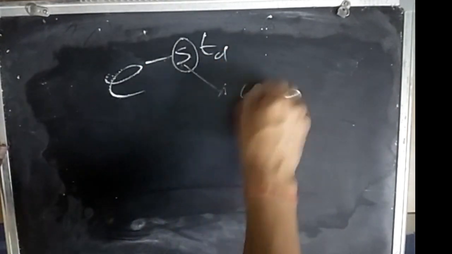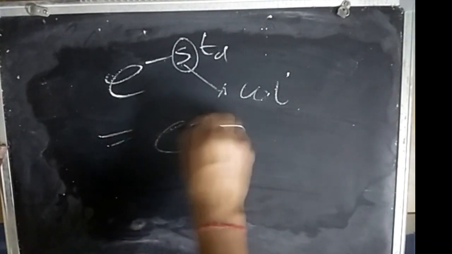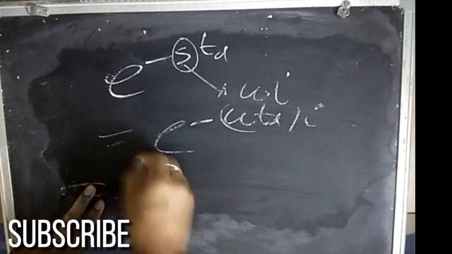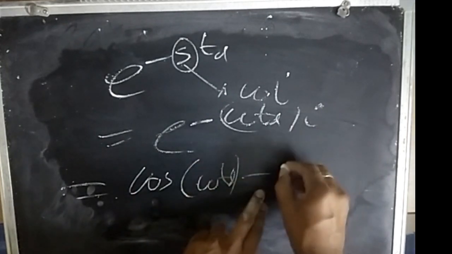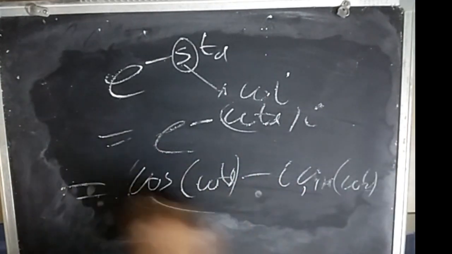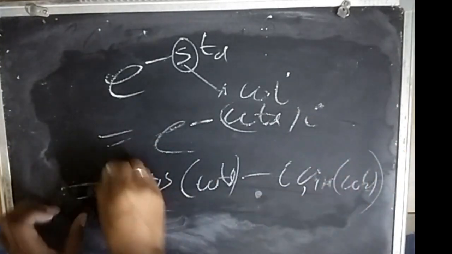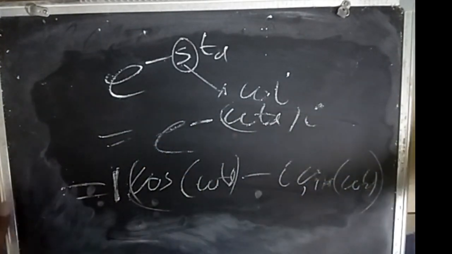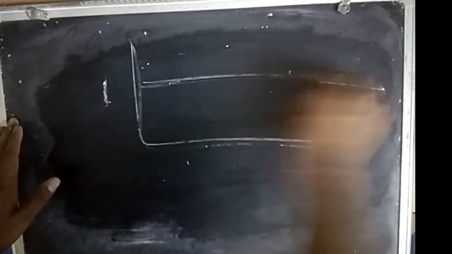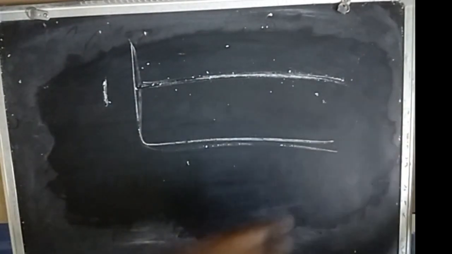We change this s by omega iota, and this will be e raised to minus omega td into iota, and if we use Euler's formula, it would be cos of omega td minus iota sine of omega td, and this is my polar form. The amplitude is 1, that's why it is 1 here, and it's not changing for dead time systems.